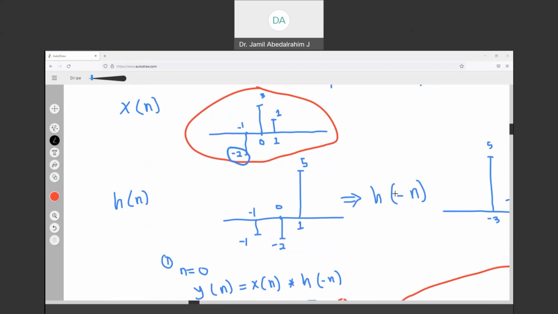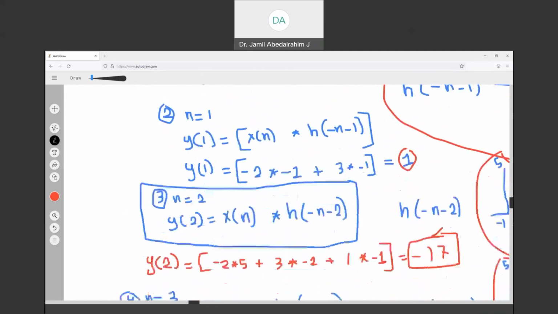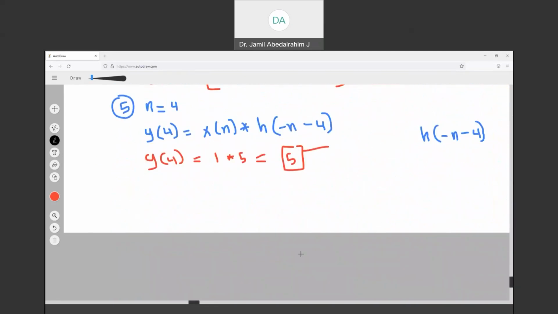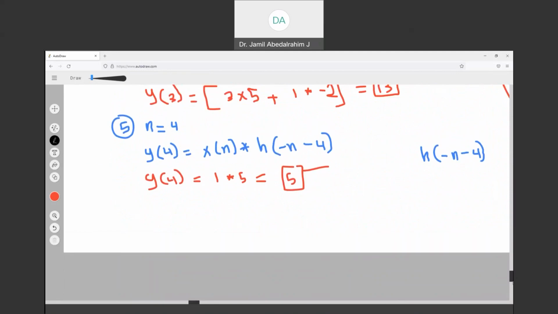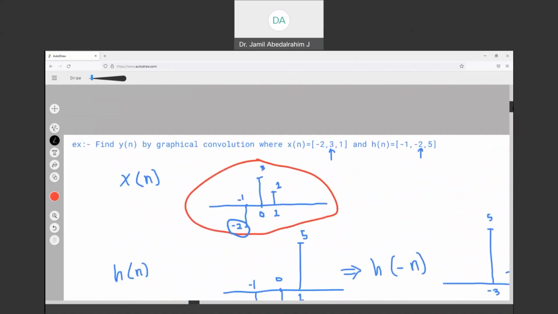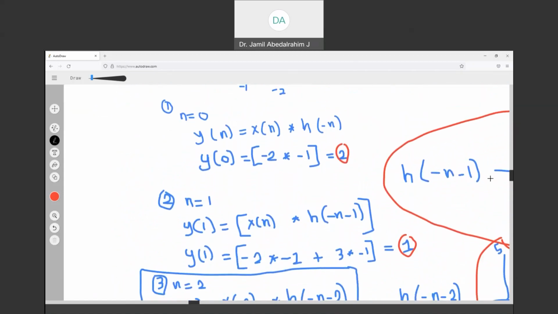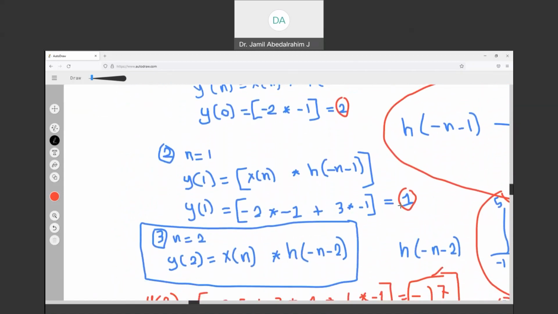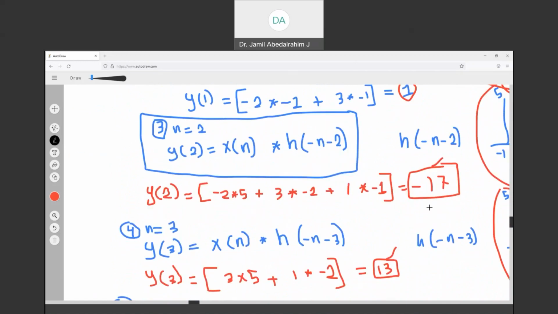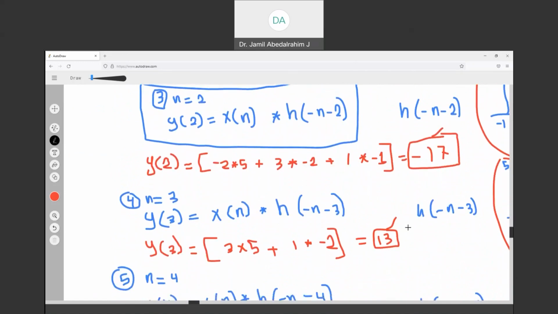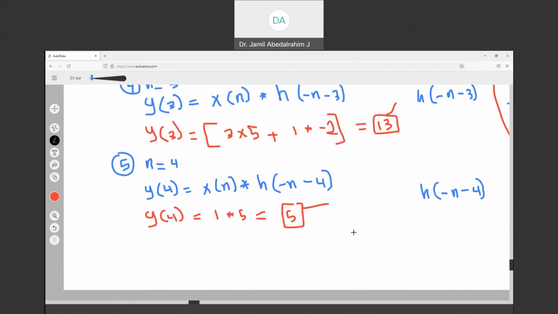Now let's collect each result of y of n. Y of 0 is 2. So 2, 1, 7, negative 17, 13, and 5.